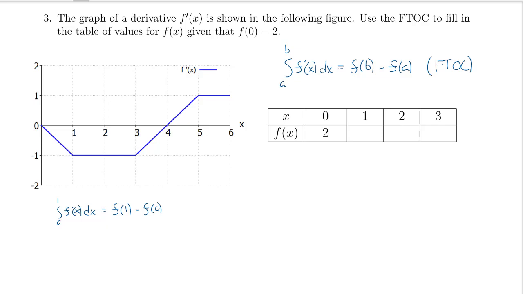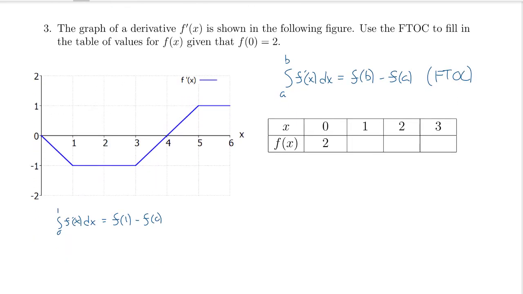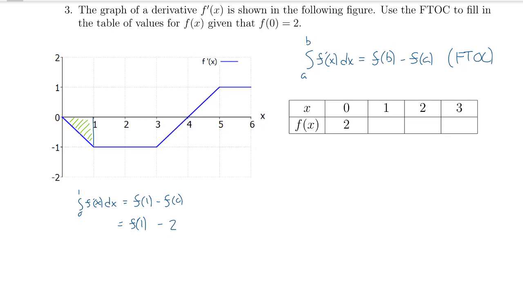F of 0 we know is 2, and the integral from 0 to 1 we can find by simply finding the area under the curve of f prime. And this function f prime is piecewise linear, which is very nice for us, and so we can just find that area, which is right here in the shaded region. And so that's going to be a signed area. It's below the x-axis, so its value should be negative, and it's just the area of that triangle of height and base 1.